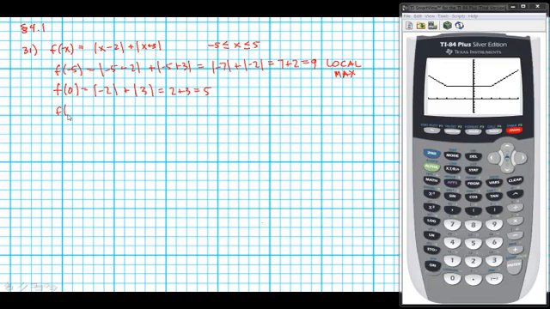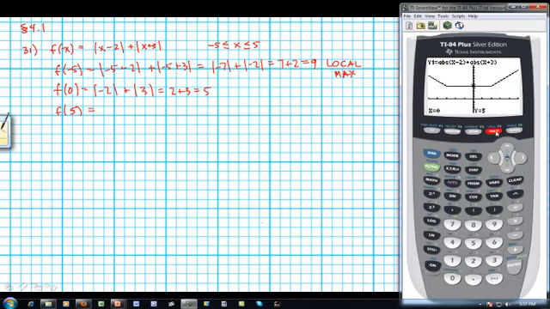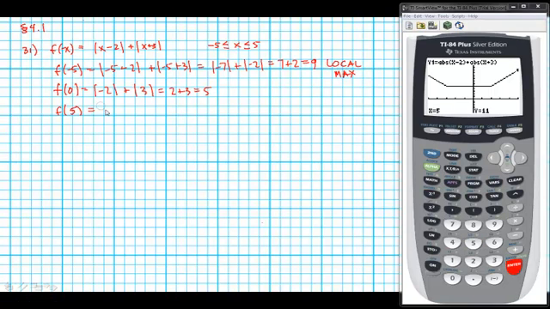And then on the other end, at f of 5, I could do this work, but why not I just go over to here and say trace, and then put in when x is 5, and I get y is 11. And again, that looks to be an absolute max, which is also a local max. Alright, over here, a local minimum.